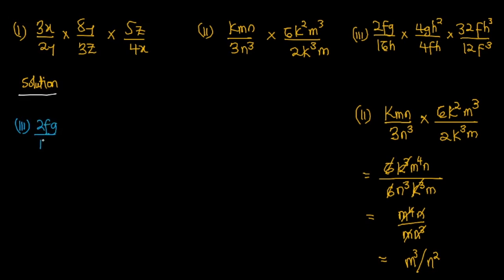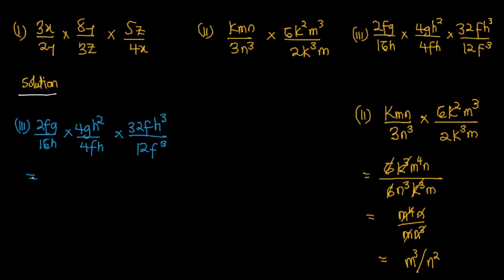2fg on 16h multiplied by 4gh squared on 4fh multiplied by 32fh cubed on 12f cubed. Alright, so there's a simpler way we can do this.